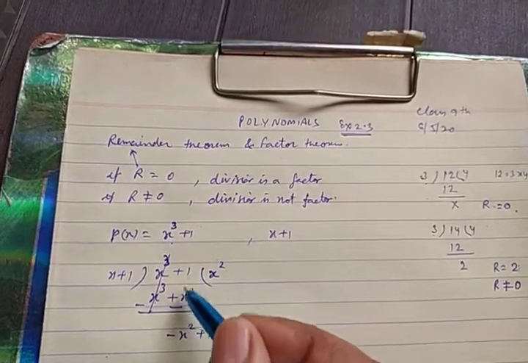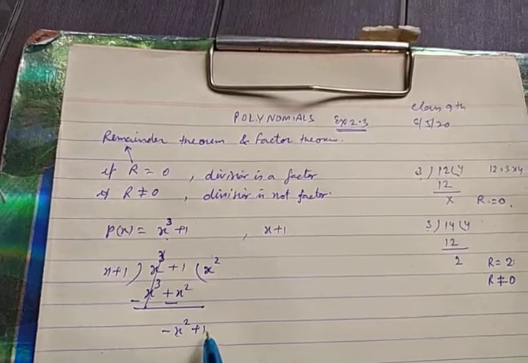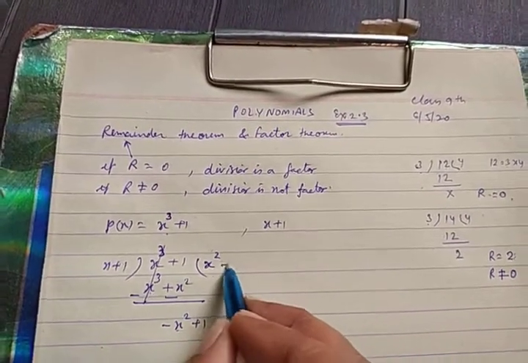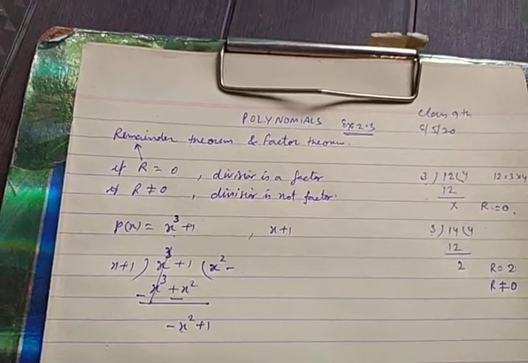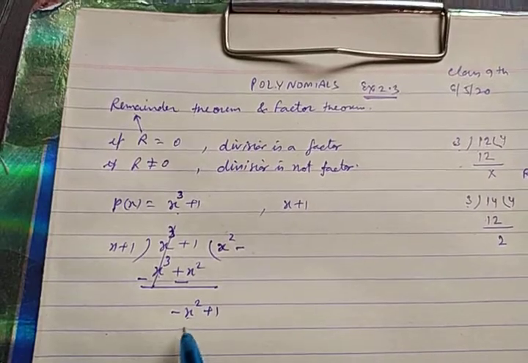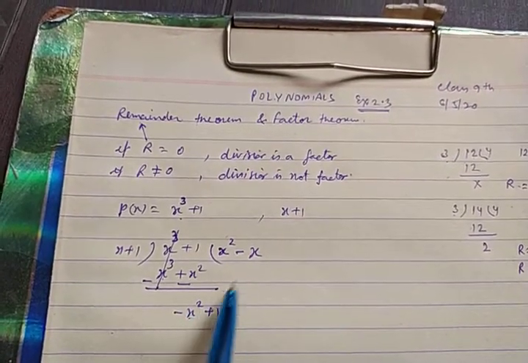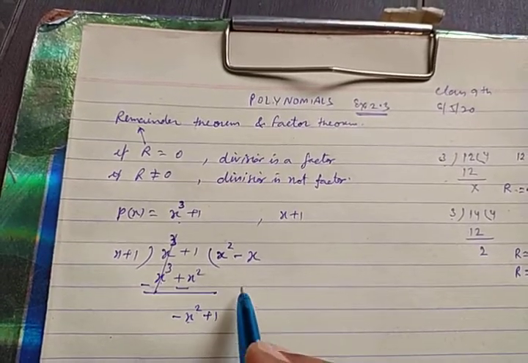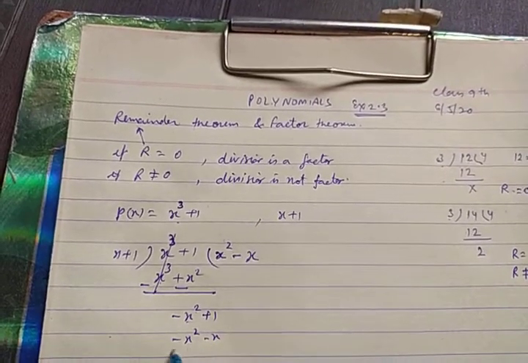All the terms would be written in a line in descending order. Now you will have to multiply by negative x because a similar term is to be created in the next step. Bringing down the next step, x square is required, so 1 x you will have to take, x to the power 1, means minus x square minus x.